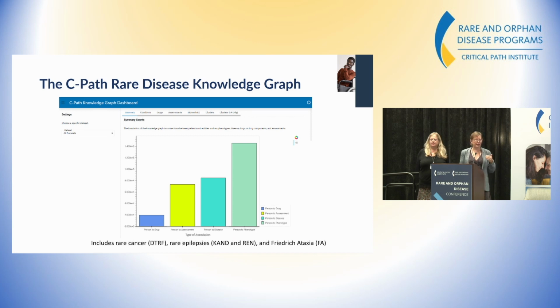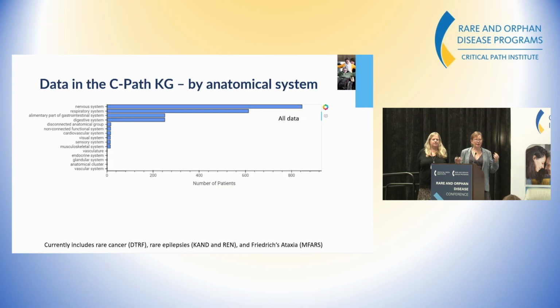If you look at all of our data sets, you can see that most of our patients have phenotypes that are associated with the nervous system. There are also a number of patients that have phenotypes associated with the respiratory system and some within the digestive or gastrointestinal systems as well.